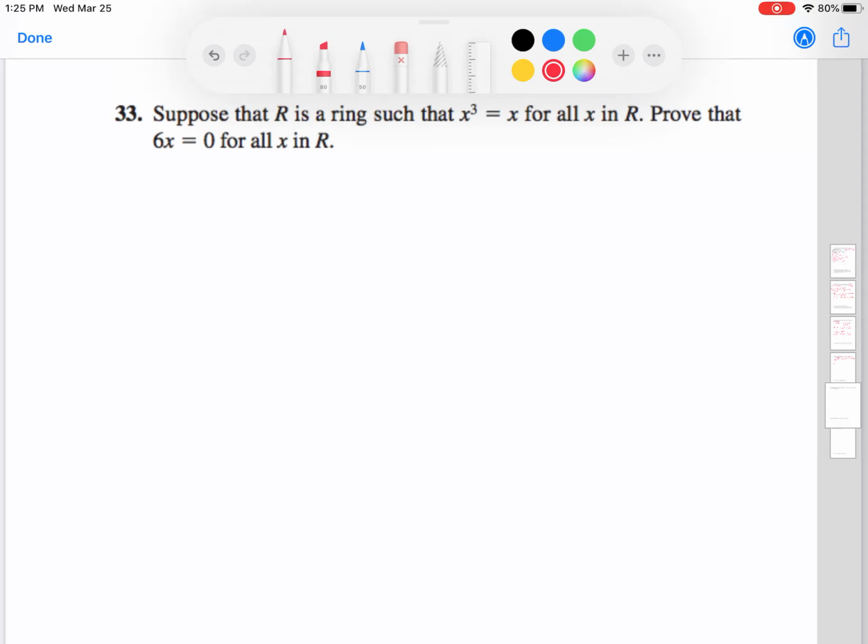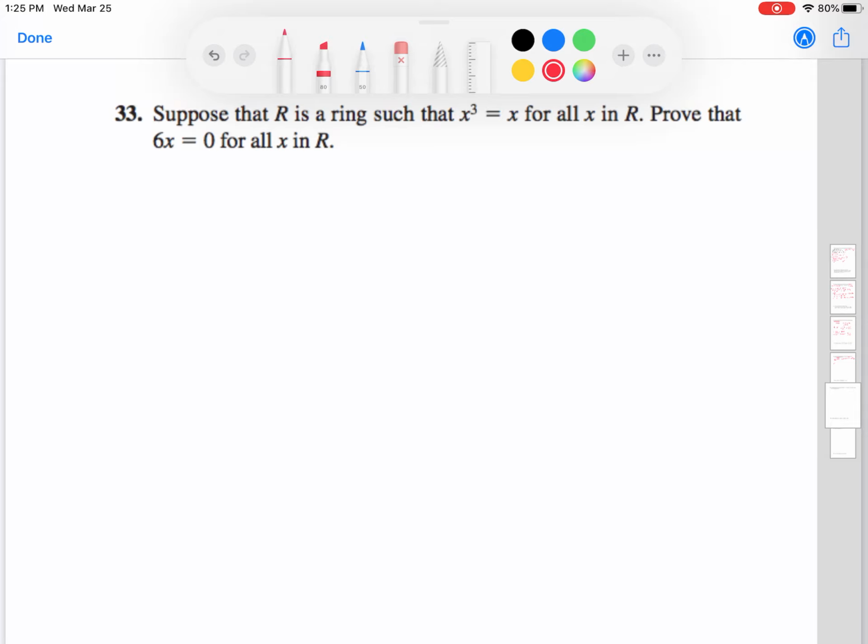33. Suppose that R is a ring such that x cubed equals x for all x in R. Prove that 6x equals 0 for all x in R. Okay.